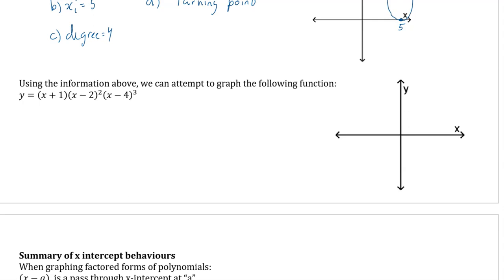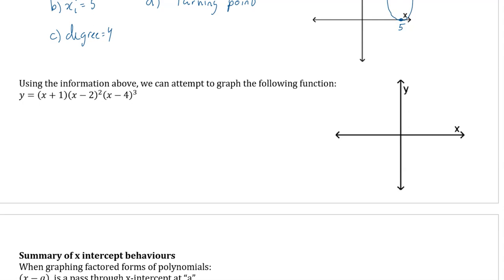Even functions, their end behavior is either both up or both down, right? So I know that because this is degree 6, it's either both up or both down. That's something we learned yesterday. And then this one will have a positive leading coefficient, so that means both up.